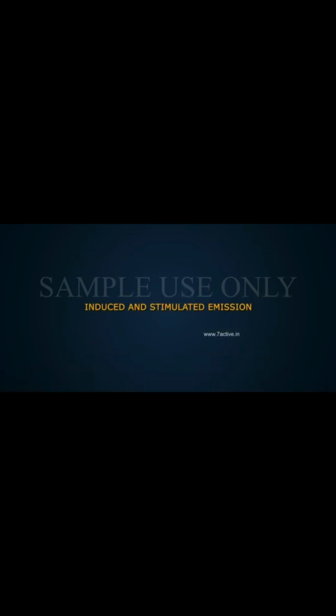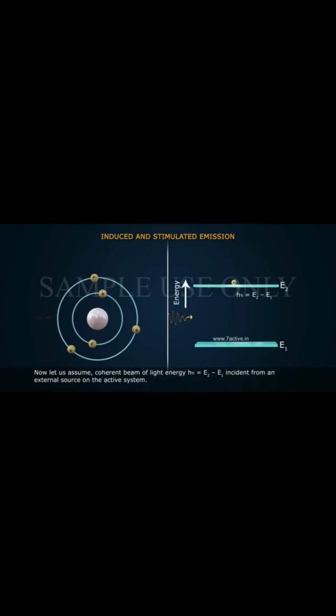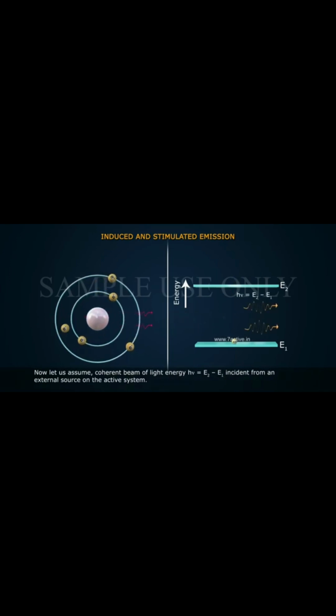Induced and stimulated emission. Earlier, we had learned that electrons remain for longer periods in the metastable state, that is 3 into 10 power minus 3 milliseconds. Now, let us assume a coherent beam of light of energy h nu equal to E2 minus E1 is incident from an external source on the active system.